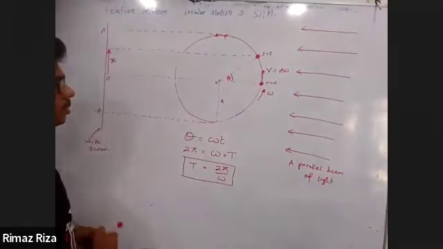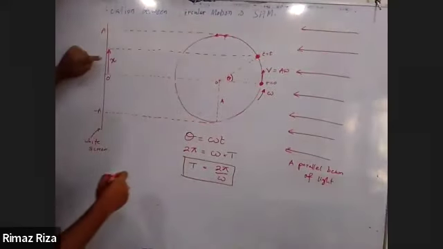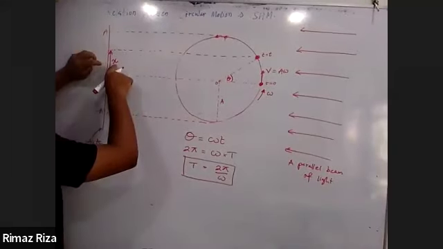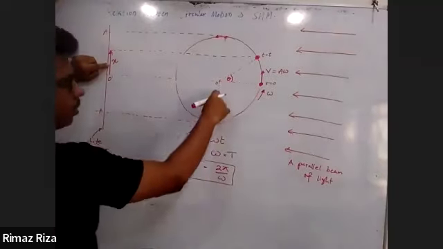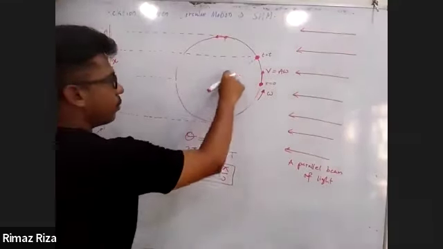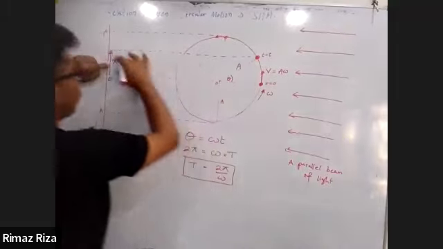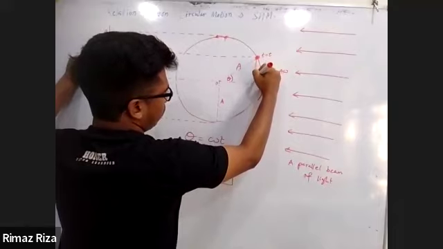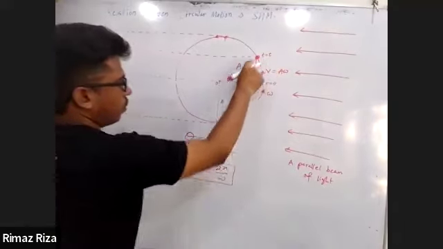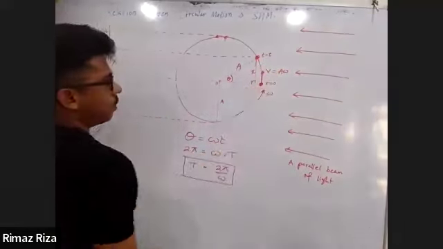Okay, so next I can get the relation between x and the time. We know the radius is capital A, therefore this length was A. So this is x, therefore this one is also x. So this is a right angle triangle.